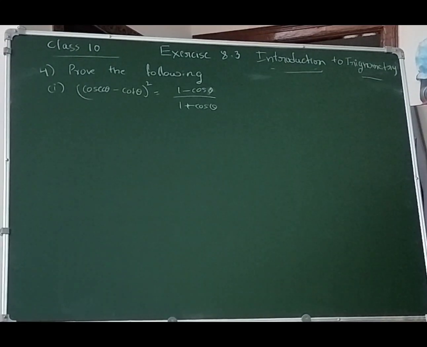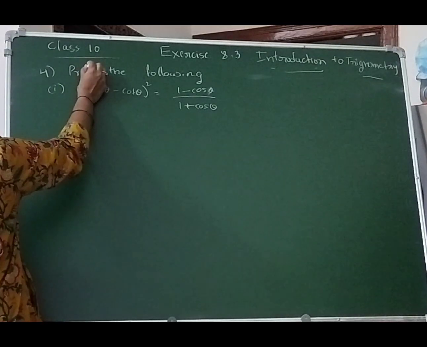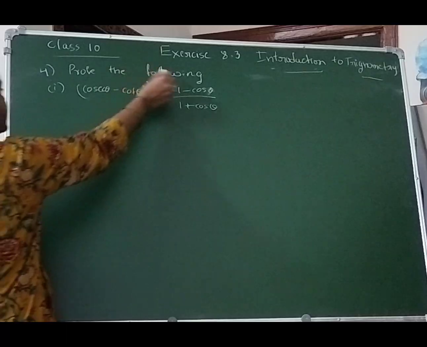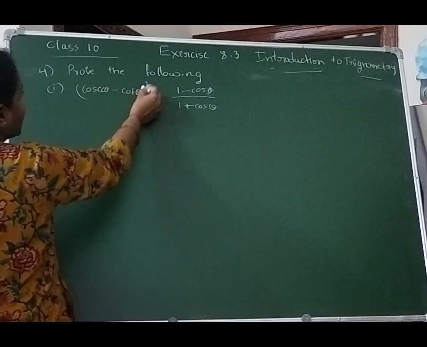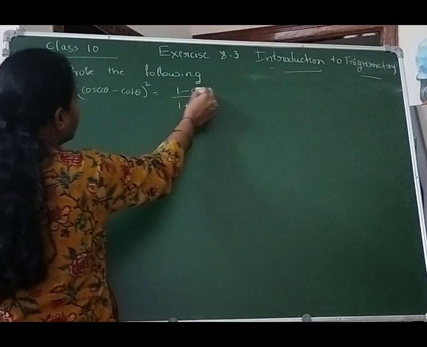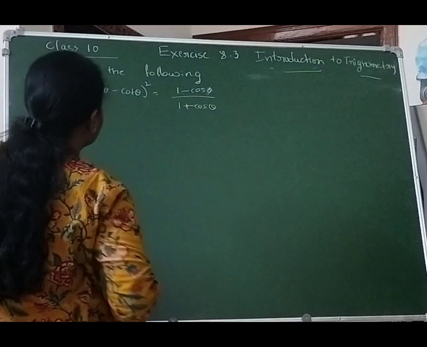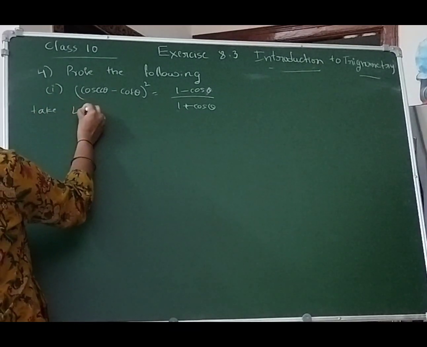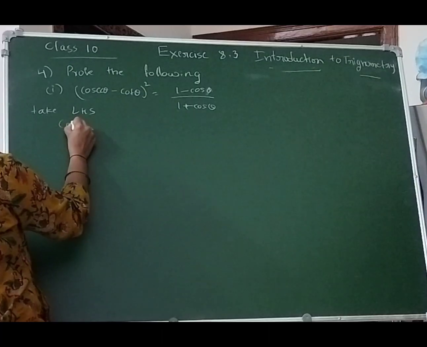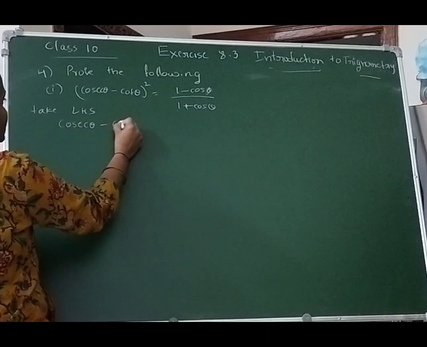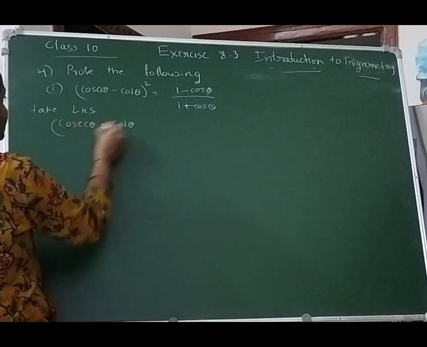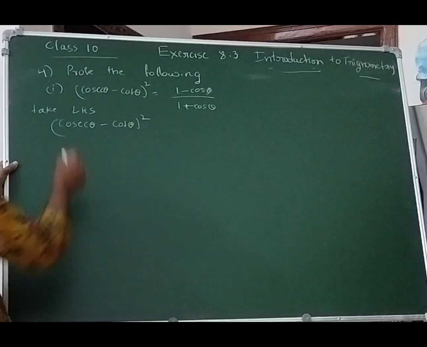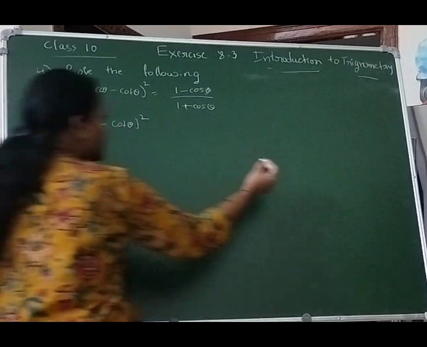So next we'll move on to the fourth main question, that is, prove the following: cosec theta minus cot theta whole square is equal to 1 minus cos theta divided by 1 plus cos theta. So first take the LHS, cosec theta minus cot theta whole square. We have to write this in simplified form.